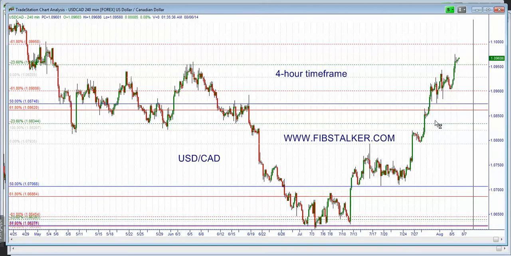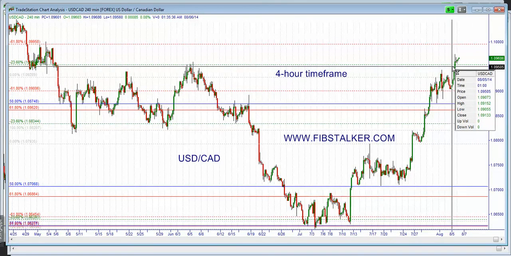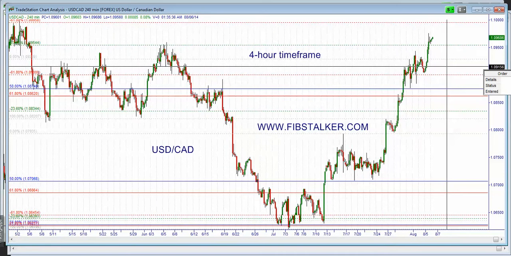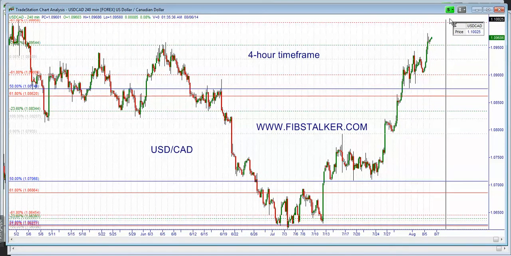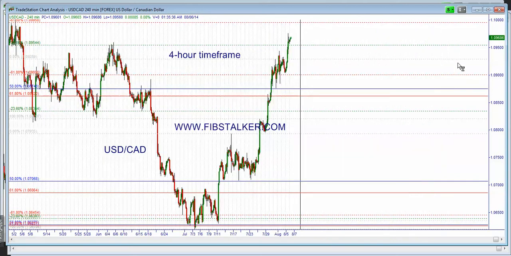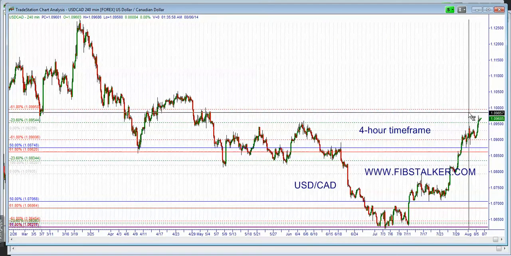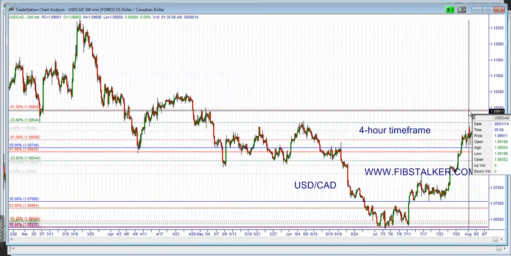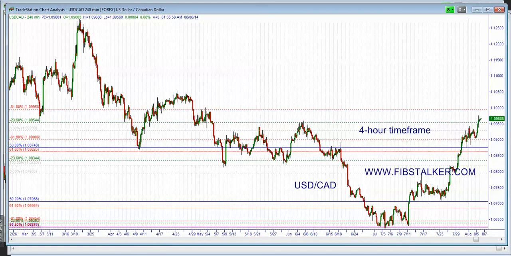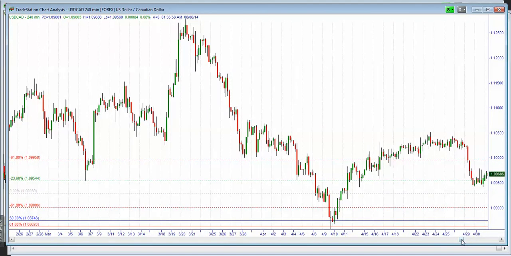So this is an extension long. The first target at 109.54 has been touched already, and the second target 109.95 is a level that could be reached in the coming days and within the week. So we have to adapt as market continues.